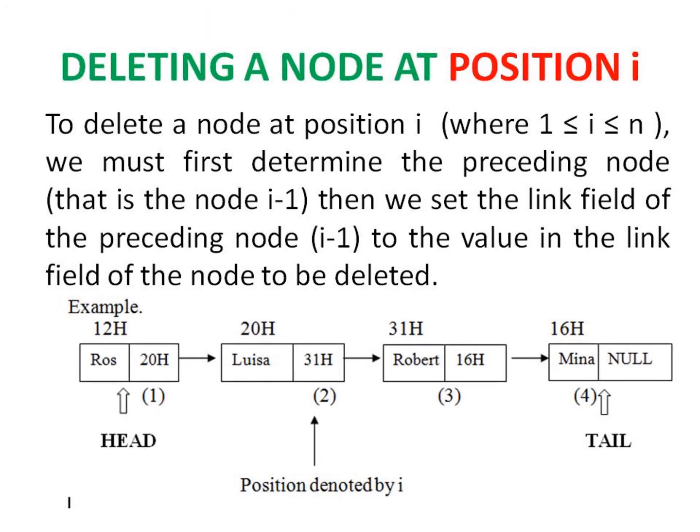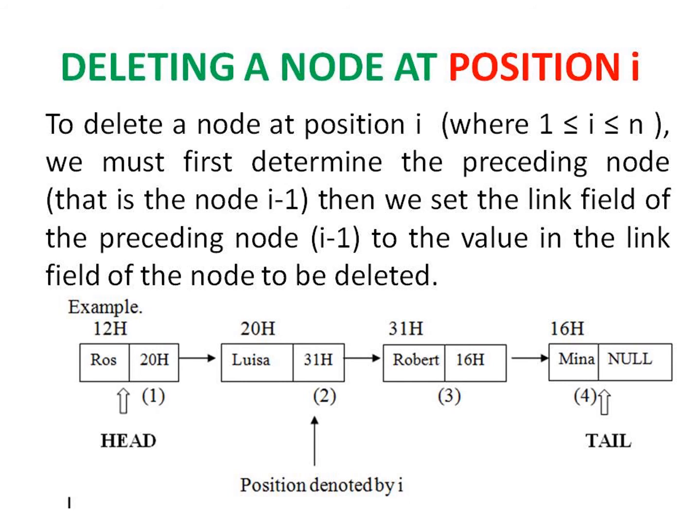And what if we're going to delete at position I? Okay? So, that means the value of the I should be within the position or within the length of the linked list. Okay? So, where I is less than or equal to n, but it is greater than or equal to 1.